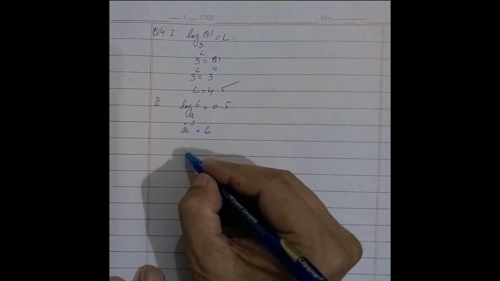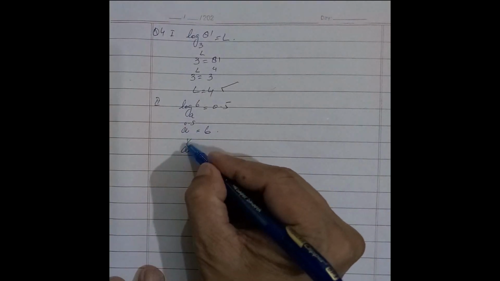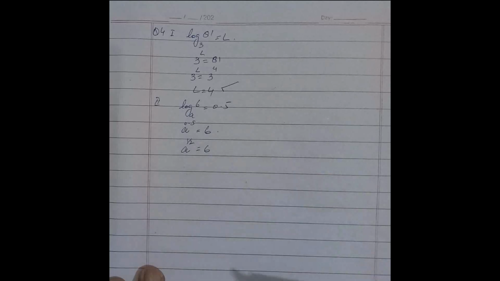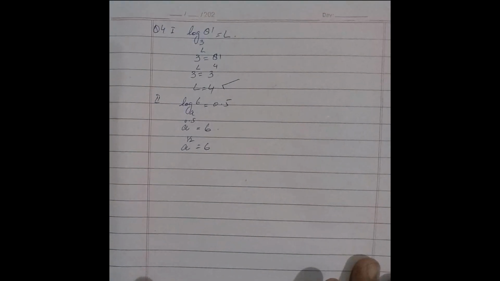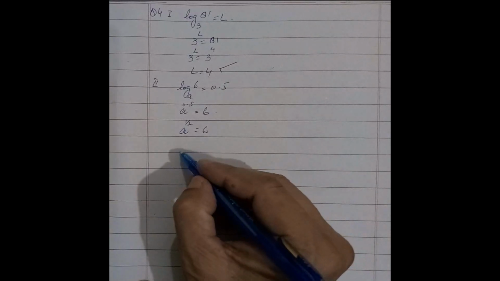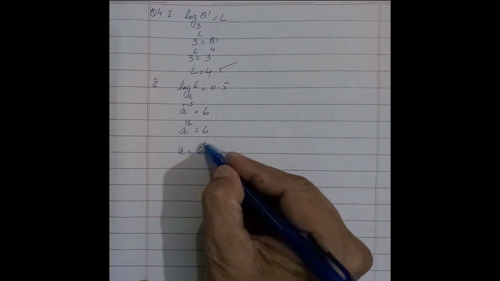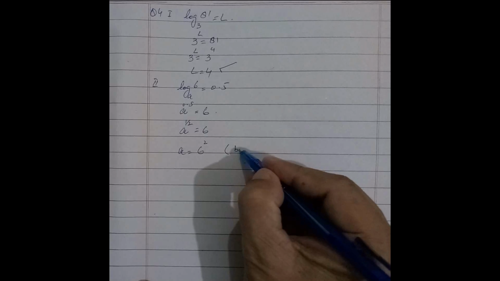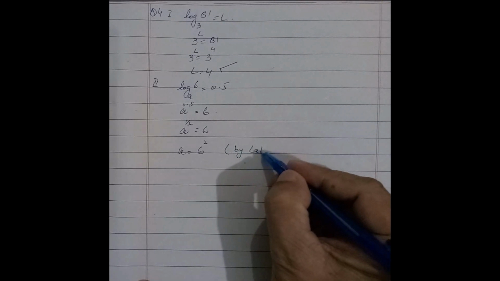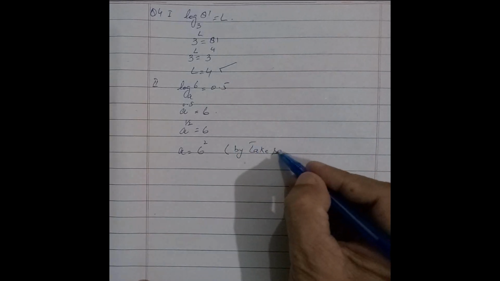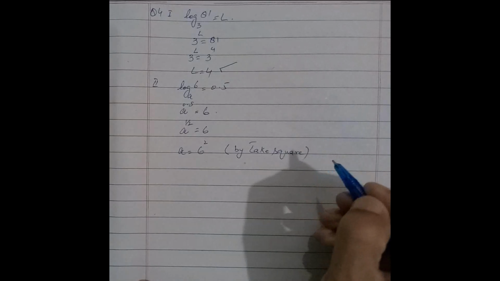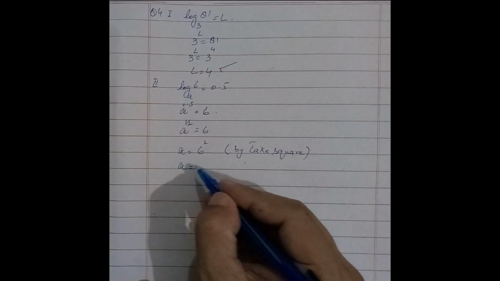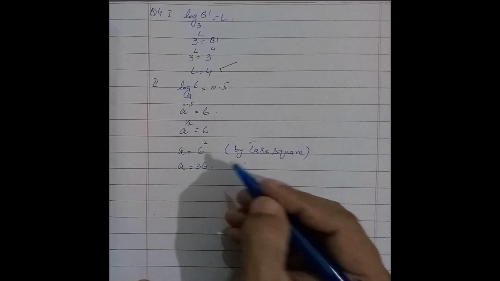The 0.5 we can write as A's power 1 over 2 is equal to 6, and when we take the square of both sides, we get A is equal to 6 square. The A is 6 square, which is equal to 36.